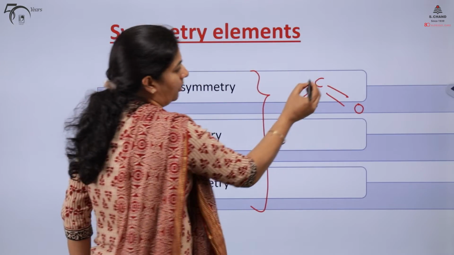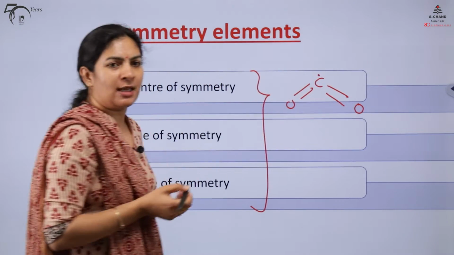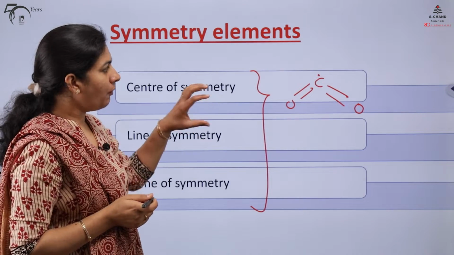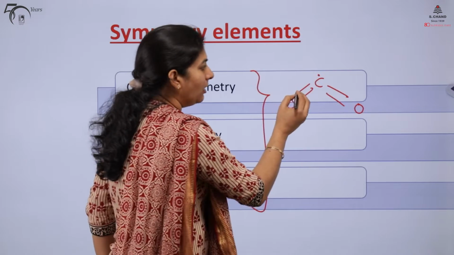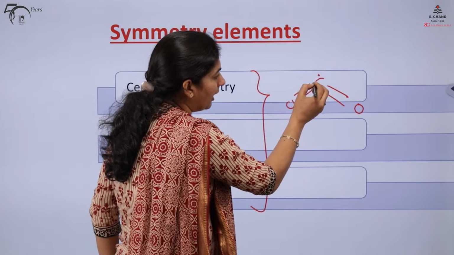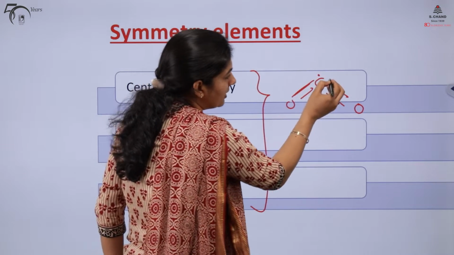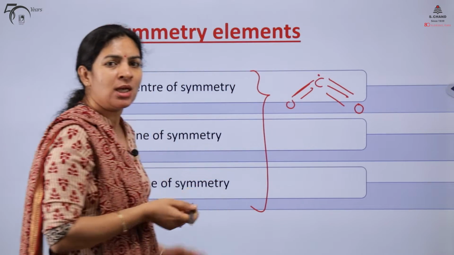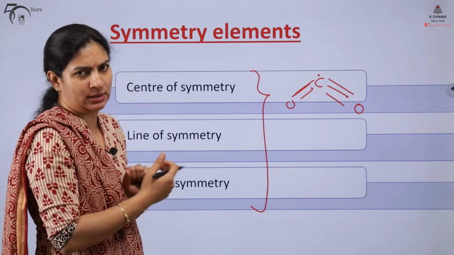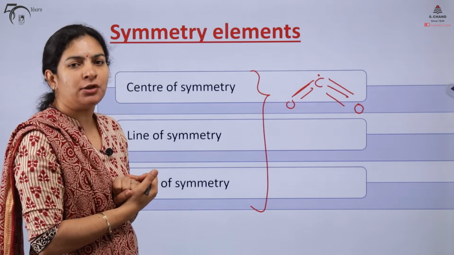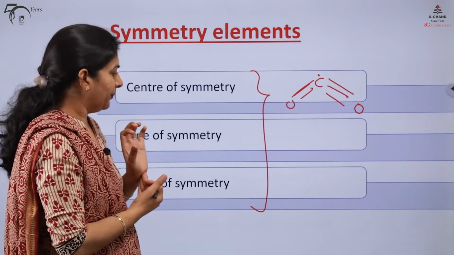At carbon, this is the center from where we move in either direction and we have the same kind of environment. We move in this direction, we move in this direction, the same kind of environment is seen on both sides. So, this is called a center of symmetry.